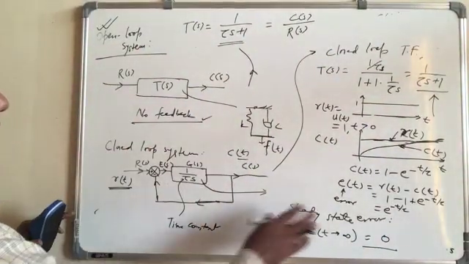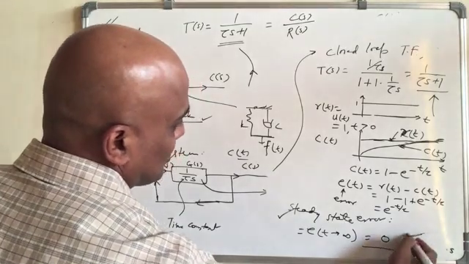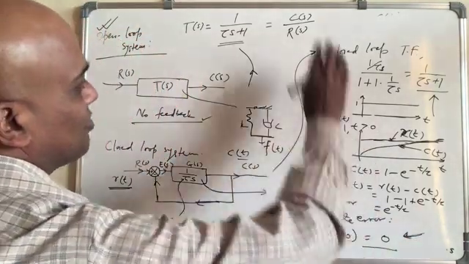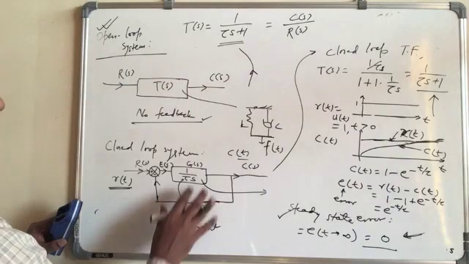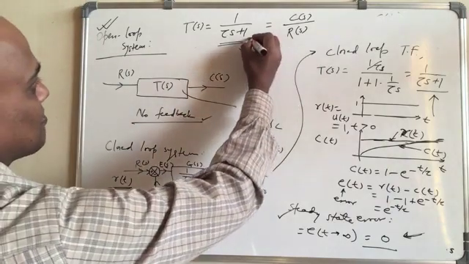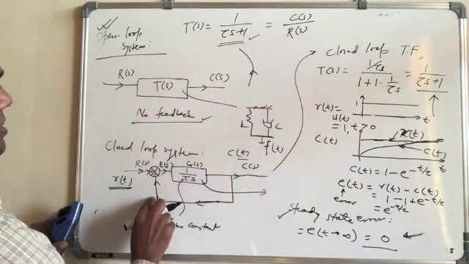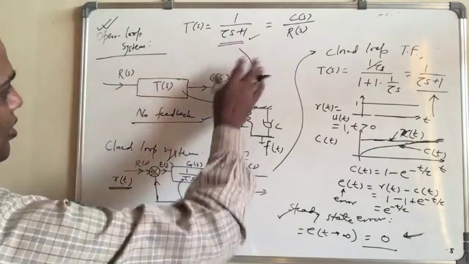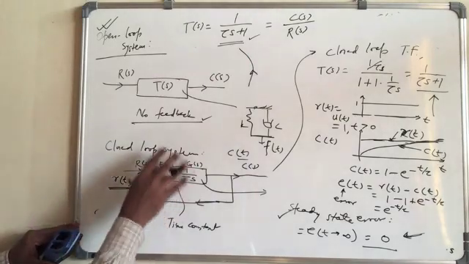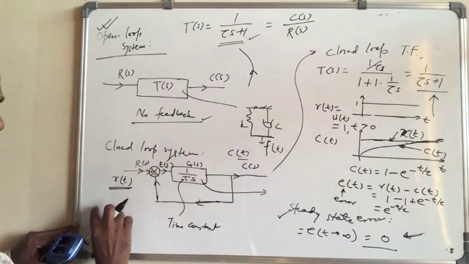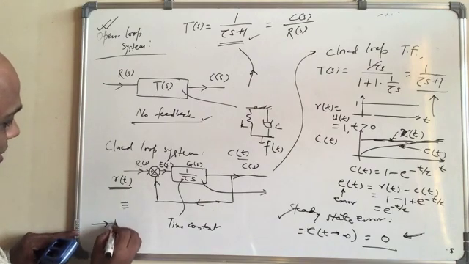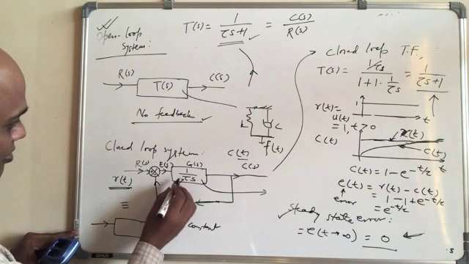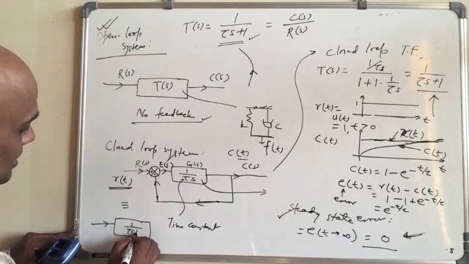Okay, so this may be asked in a quiz, steady state error for a first order system, and this same system being a closed loop system and an open loop system, but with the same overall transfer function. So this closed loop system is equivalent to an open loop system with the transfer function 1 over tau s plus 1, like this one.